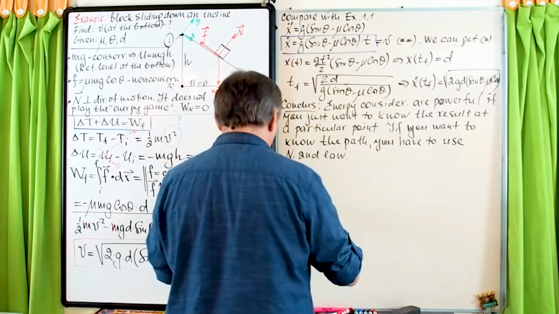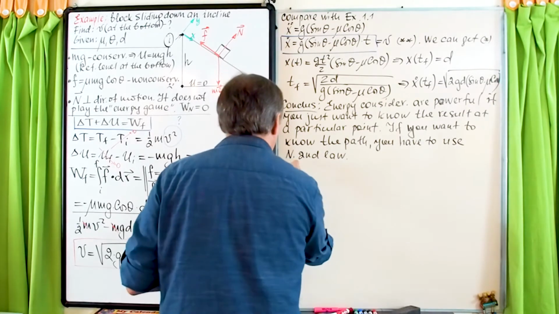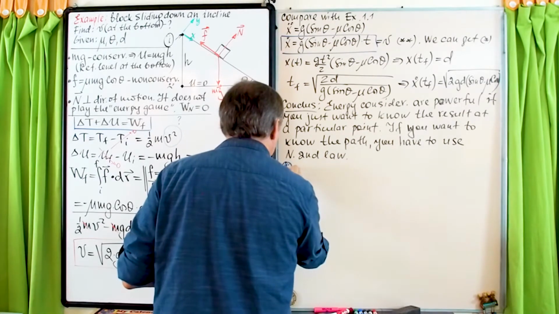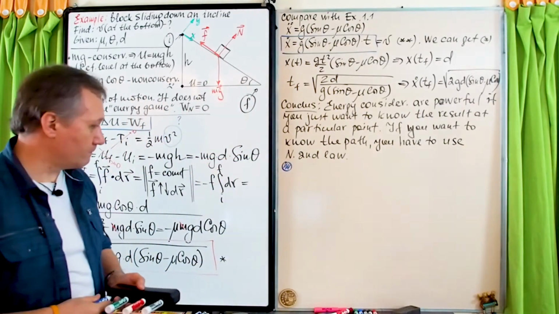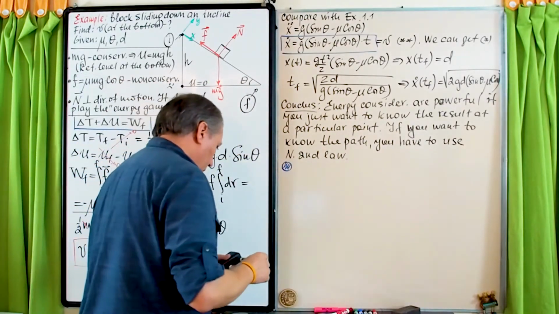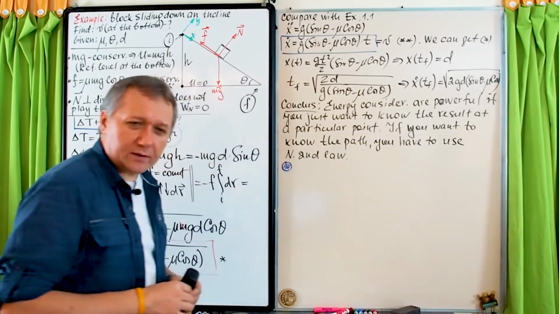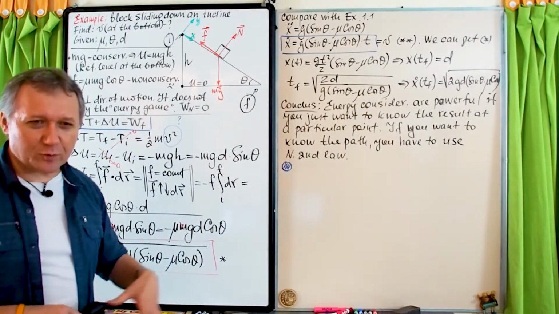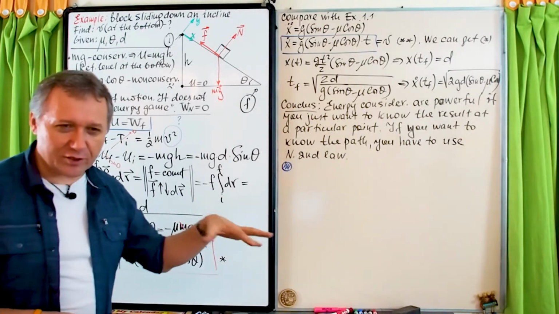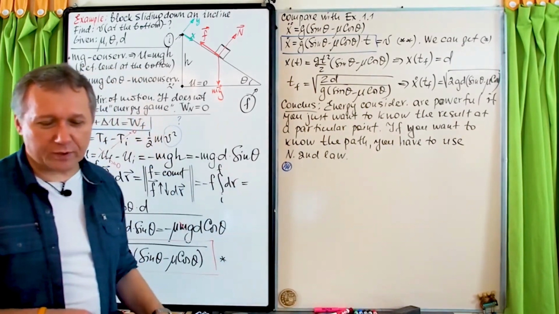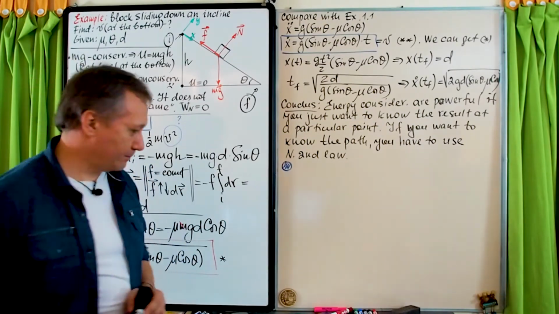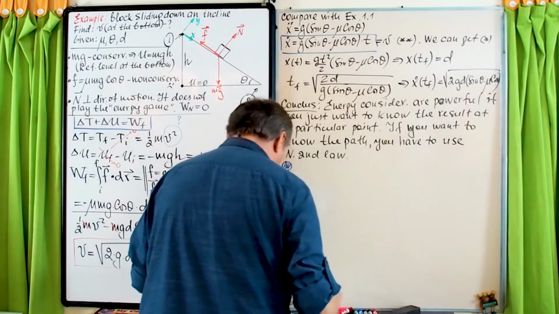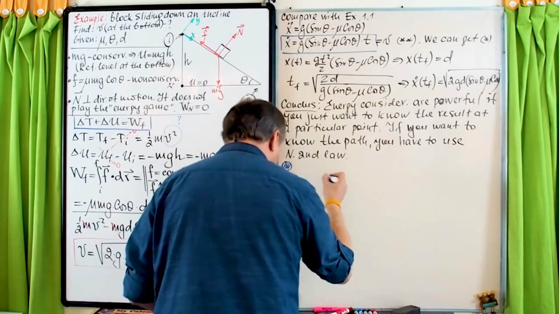I will put a new bullet over here and I will write the title. Sometimes I don't want to write the title so that we can naturally come to some interesting tool. Okay, force as the gradient of potential energy. So that will be the new title.